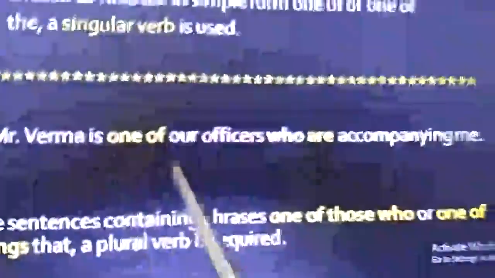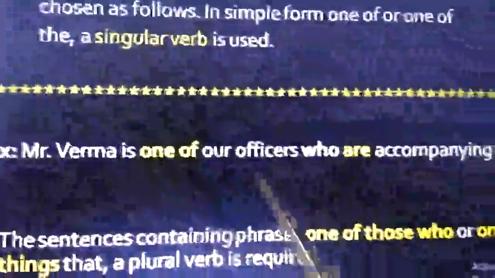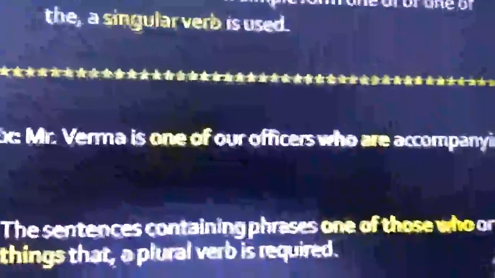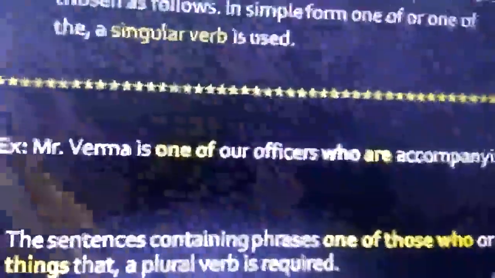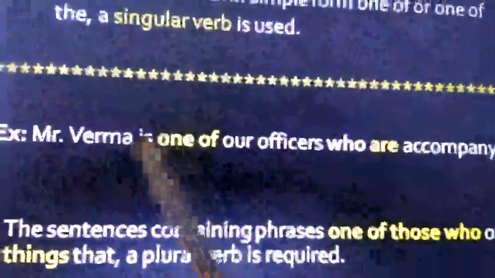Mr. Verma is one of our officers who are accompanying me. In this sentence, Mr. Verma is singular. Mr. Verma is the subject of the sentence and Mr. Verma is singular, and the verb followed is also singular.